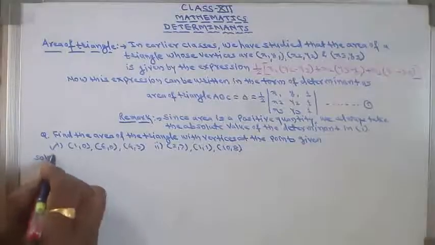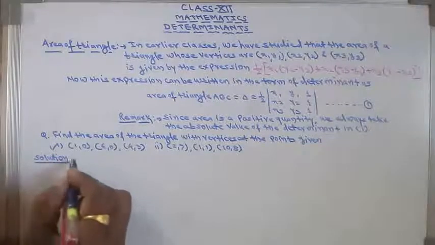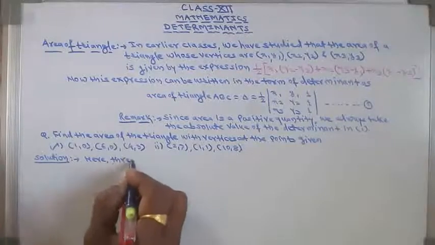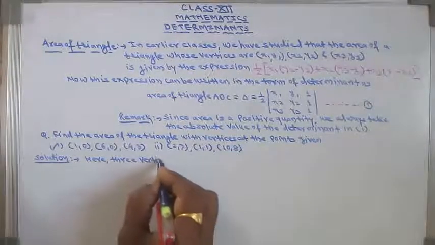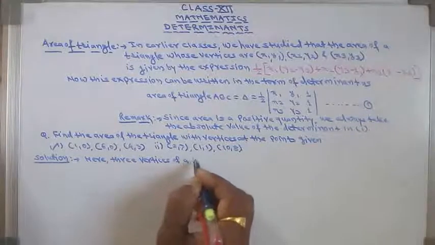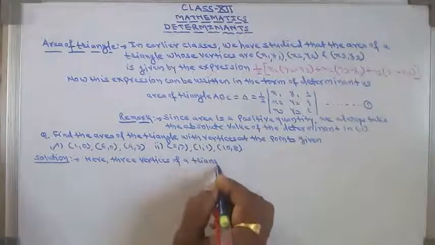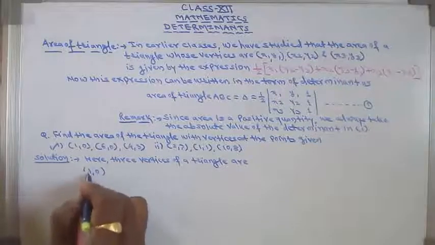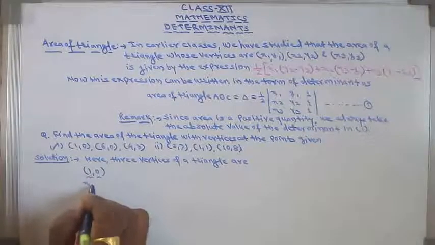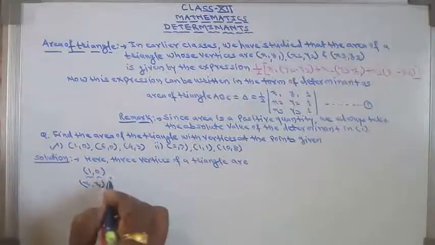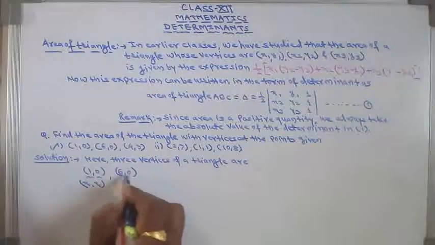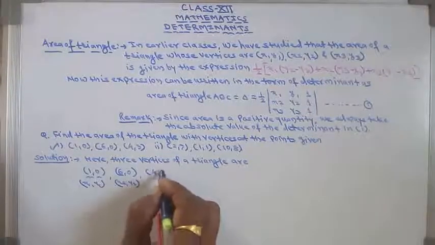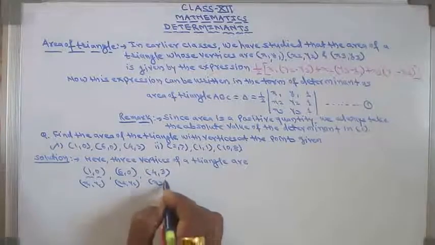Solution: here the three vertices of the triangle are (1, 0), so this is your x1, y1, then (6, 0), this is your x2, y2, then (4, 3), this is your x3 and y3.